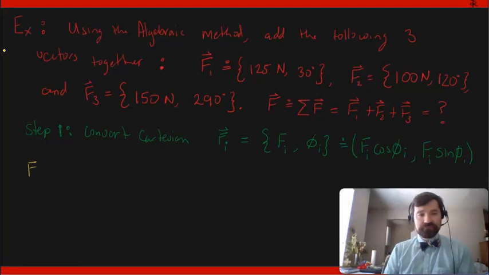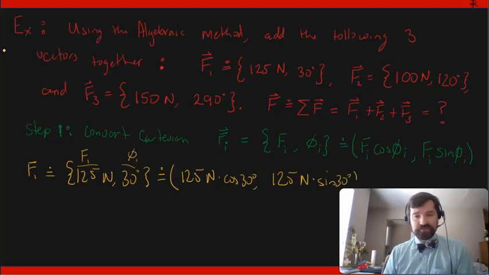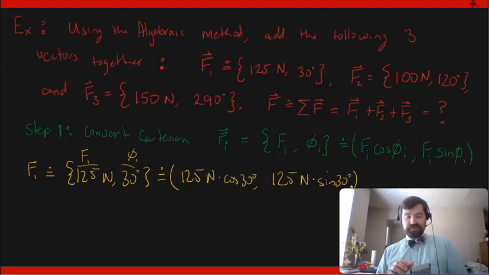So F1 would be represented by 125 newtons, comma, 30 degrees. This basically means that F1 is 125 newtons and phi 1 is 30 degrees. So this can be represented by 125 newtons times cosine 30 degrees, comma, 125 newtons times sine of 30 degrees. You may want your calculator for this.